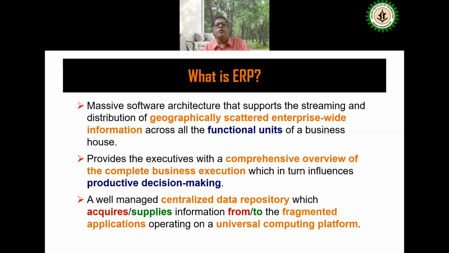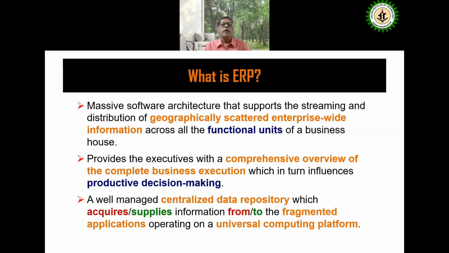Now, ERP provides executives with a comprehensive overview of the complete business execution, which in turn influences productive decision making. So, whenever the executives are concerned with decision making, this decision becomes more and more effective when the executive can get reliable data from different departments using the common database.